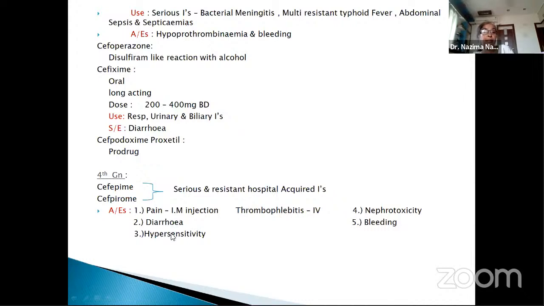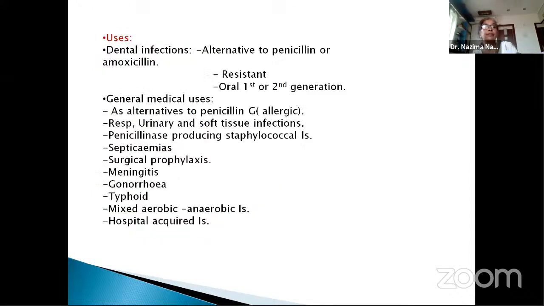There could be hypersensitivity reactions also with these drugs. Some of the drugs have nephrotoxic potential, and there could be bleeding with certain drugs like cefoperazone and ceftriaxone. So these are the side effects related to the cephalosporins.